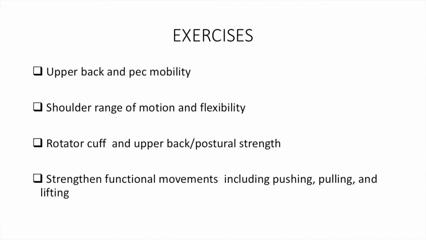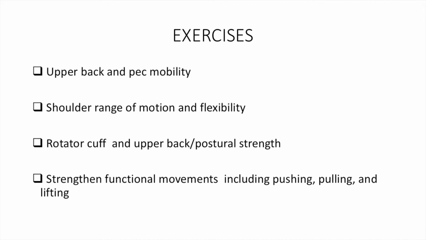We also work on range of motion and flexibility in the actual shoulder joint. Those are kind of the two ways that we work on motion. The other way we work on strength. So rotator cuff and upper back postural strength. We want the rotator cuff and muscles that directly affect the shoulder to be strong and functioning properly.